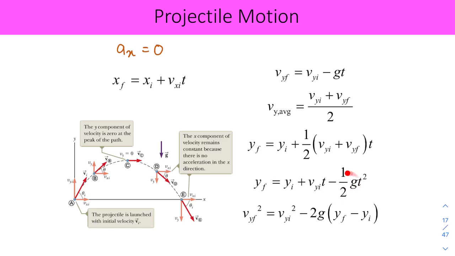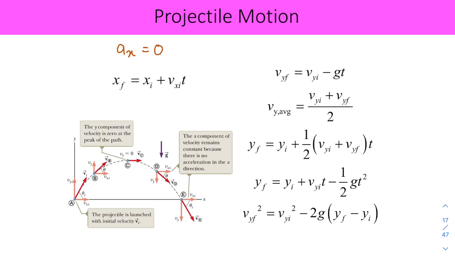You've got no ax. And if you substitute to this one, ax also 0, you will get v final x equivalent to v initial x. So in conclusion, memorize this one.